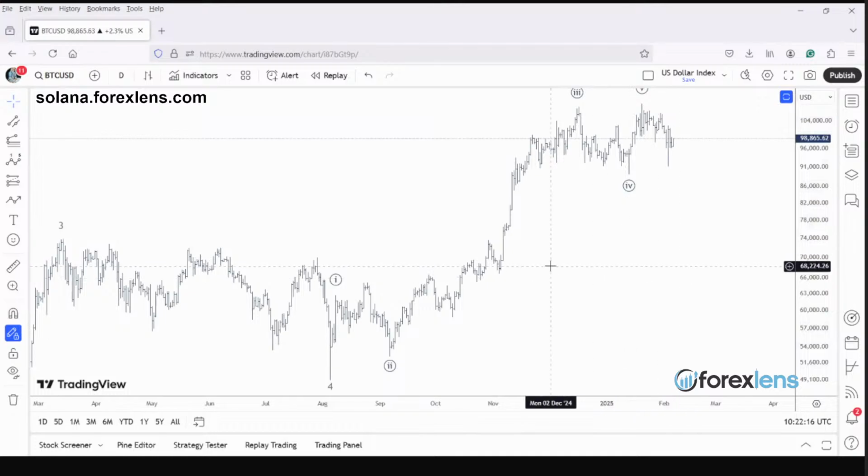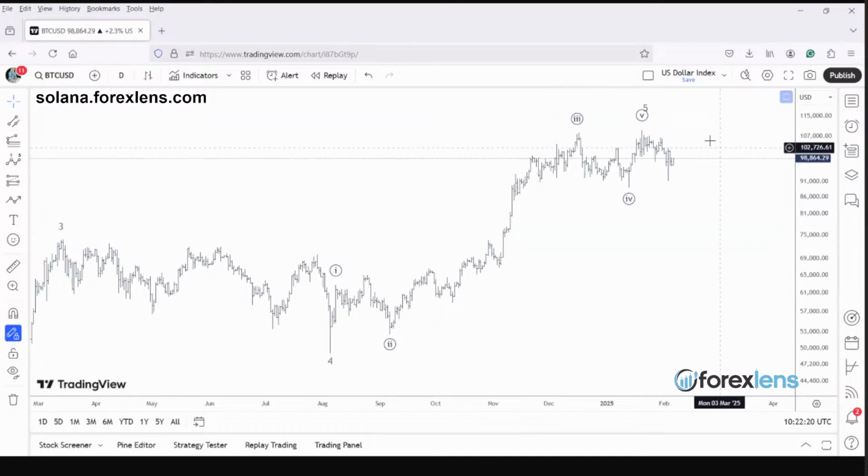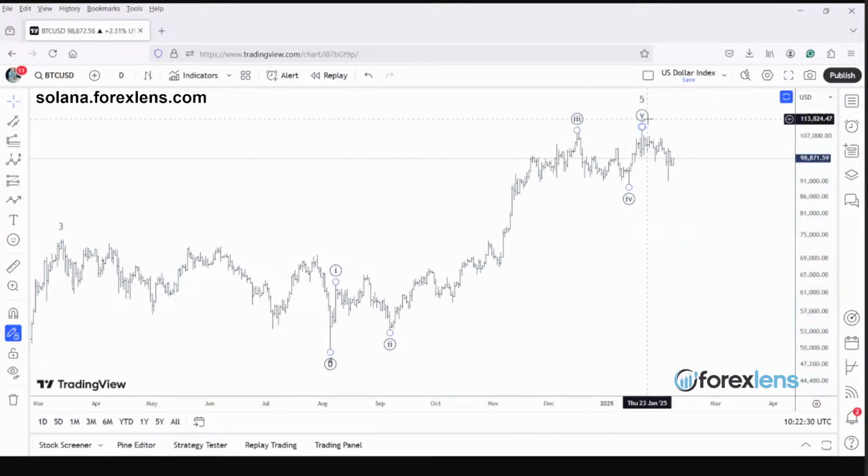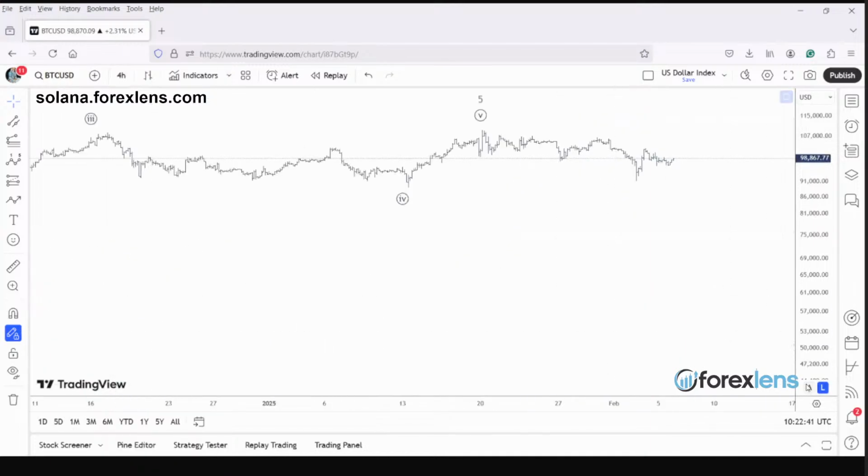So I've shown five waves at 2 degrees. When I say 2 degrees now, I think we are all on the same page. One is the father, the other one is the son. So you see that numeric 5 is the father, that Roman 5 in a circle is the son. And if I just enlarge this view, maybe on a 4-hour chart, just the last view, okay?